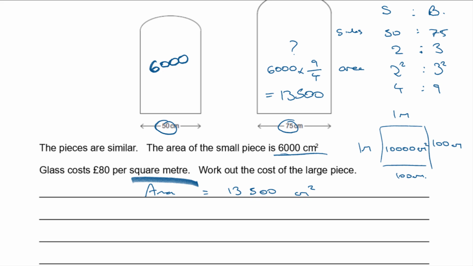So if I want to turn 13,500 square centimeters into square meters, I need to divide it by 10,000, and that gives me 1.35 square meters. Then the cost is going to be 1.35 times the £80 per square meter. So 1.35 times 80 comes out to be £108.